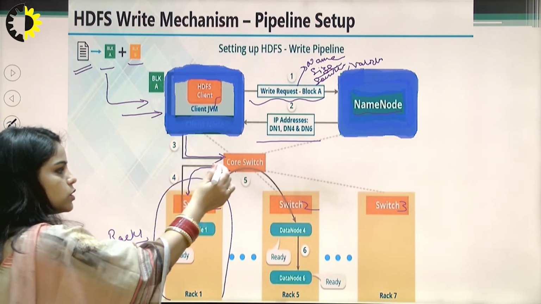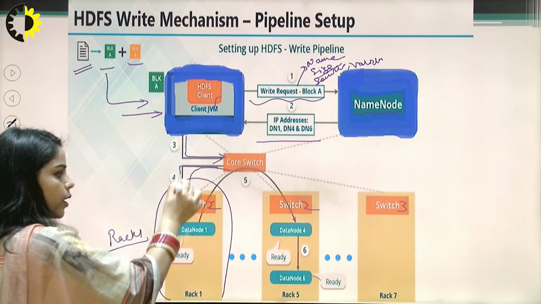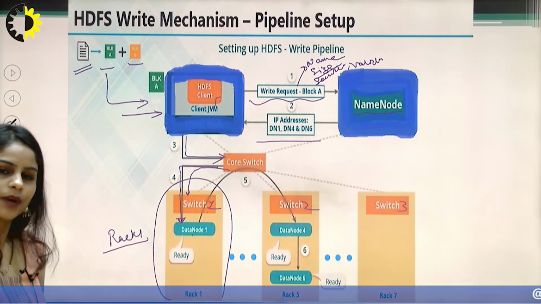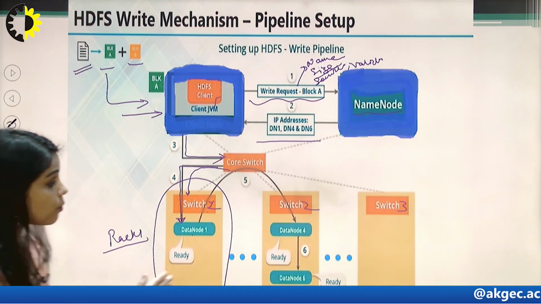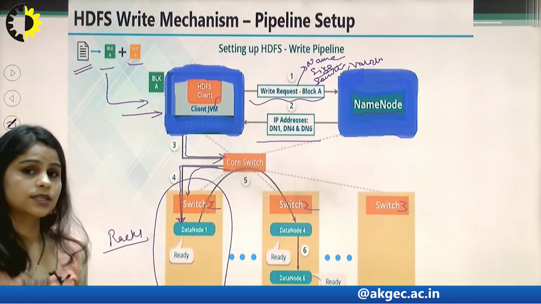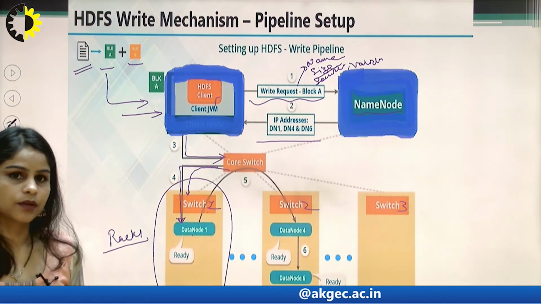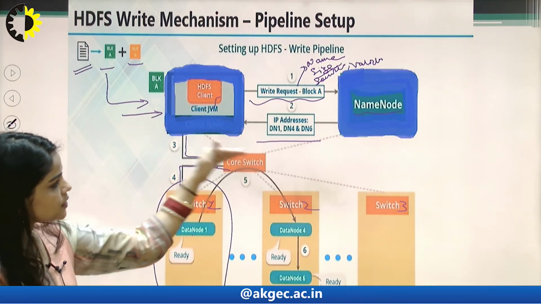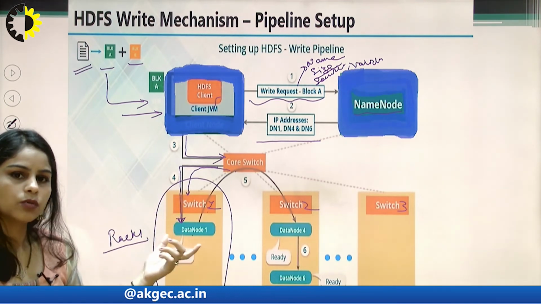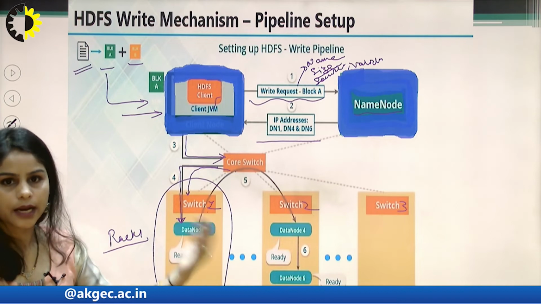So, the core switch will create and send this request to data node 1 directly, right? See, we are not communicating with other remaining data nodes. We are just communicating with the first data node that is being given, right? So, as soon as the core switch transfers the request to switch and we have the control over the data node 1, we can start writing.